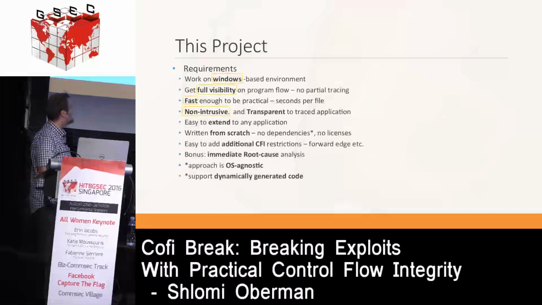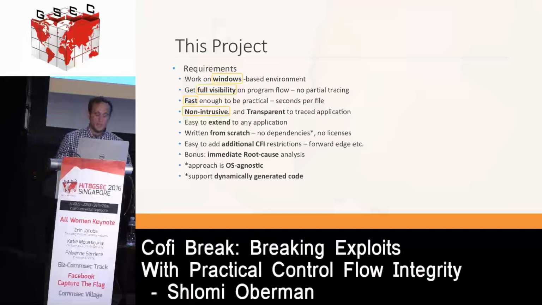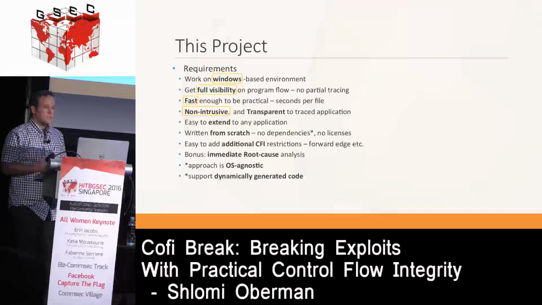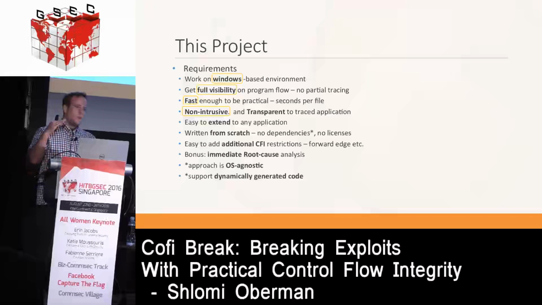So when we set out, we had several requirements for the project. Highlighted are the main ones. We wanted this to work on Windows-based applications, Windows-based machines, since these are the common enterprise machines. We wanted a full trace of the program flow, right? So we wanted to trace every part of the program and be able to reconstruct the complete flow of what a program does.